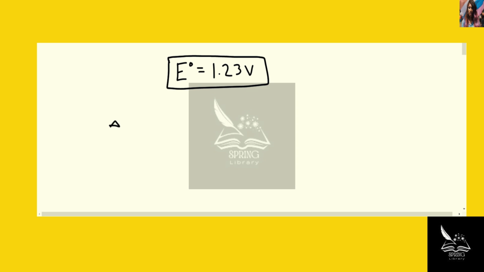And now we can solve for the change in Gibbs free energy at standard conditions, which we know is just negative nFE at standard conditions. n is again equal to 4 moles of electrons. F is Faraday's constant, which is 96,485 coulombs per mole of electrons.